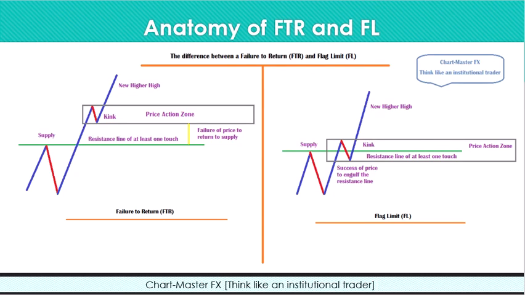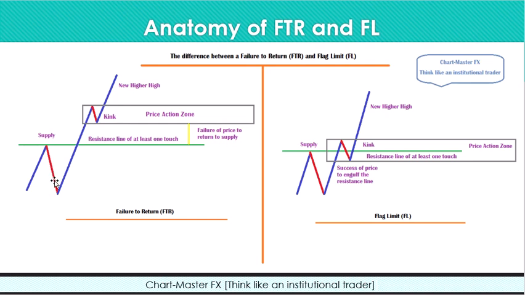So let's go straight to the anatomy of the FTR and the flag limit. Here we have our failure to return, which is FTR. On this anatomy, you can see that we have a rally in price, and the price made a cap here, and finally dropped down.